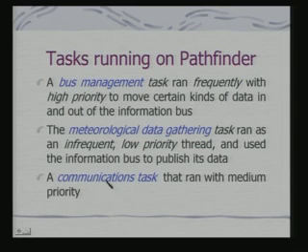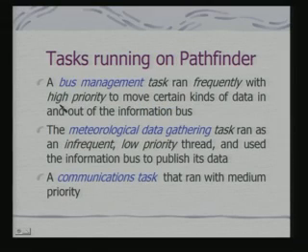And the communication task ran with medium priority. In fact, the communication task, if it is communicating meteorological data, will access the information bus to get that data. So, there are these three basic tasks. The bus management task is a high priority task, and in fact a critical task, and this is a data gathering task and this is a communication task.